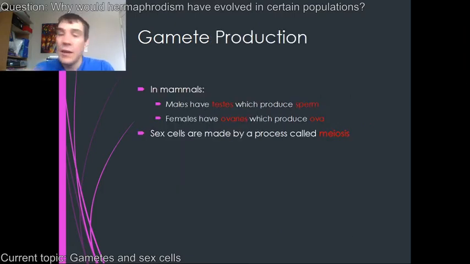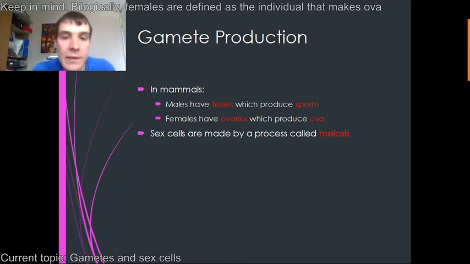Gamete production. Let's go back to a keep in mind: females are defined biologically as the individual that makes ova.